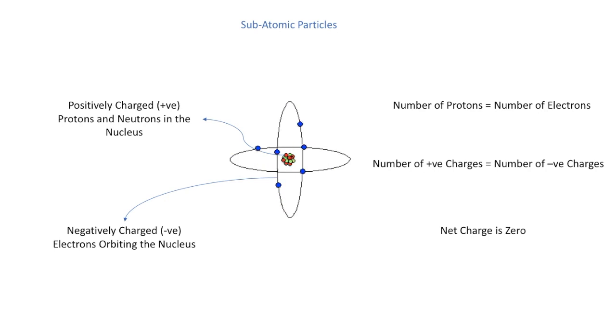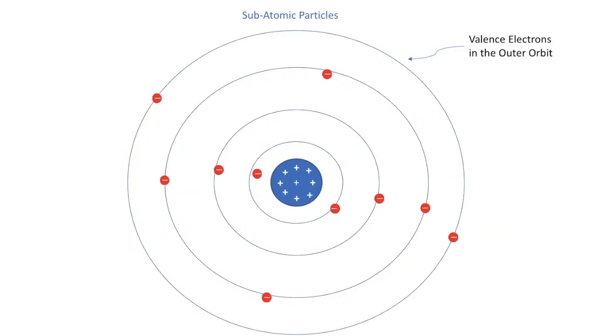Now, we also know that metals are considered good conductors of electricity. Why is that? So here's another model of how the atom looks. You have the nucleus in the center, and you have electrons orbiting in different orbits. Now, the electron in the farthest orbit has the weakest force of attraction keeping it in orbit around the nucleus.